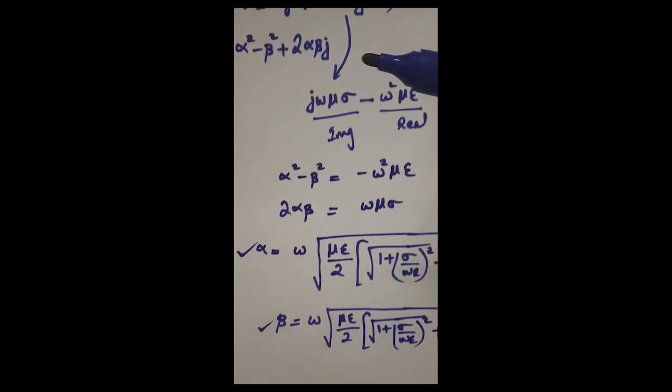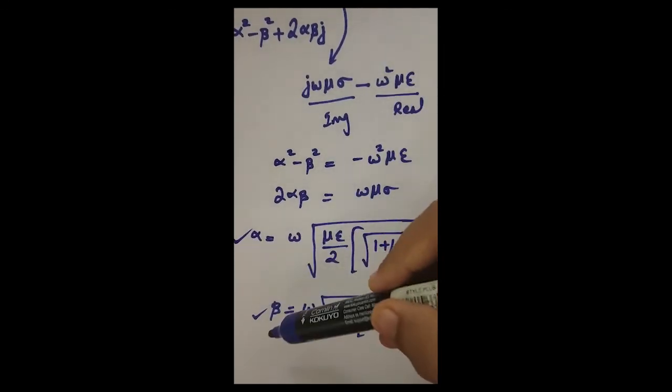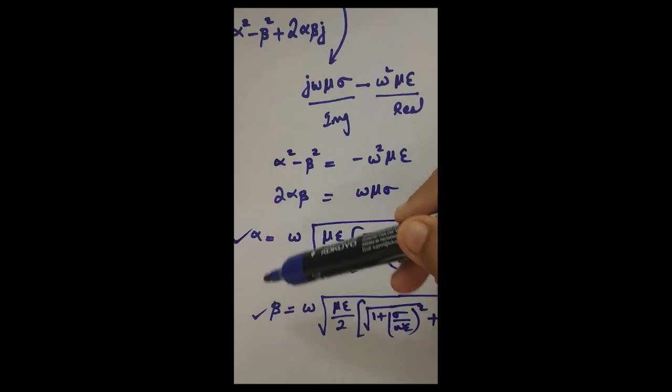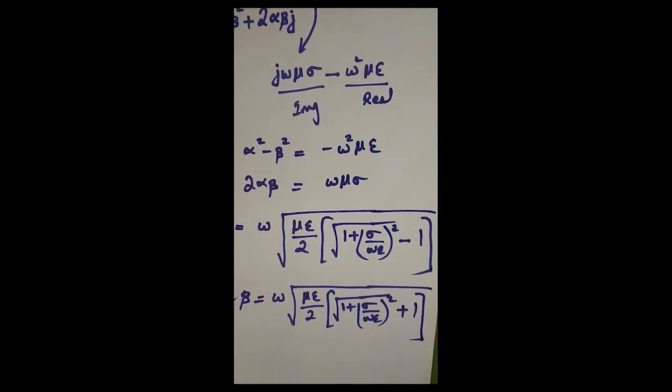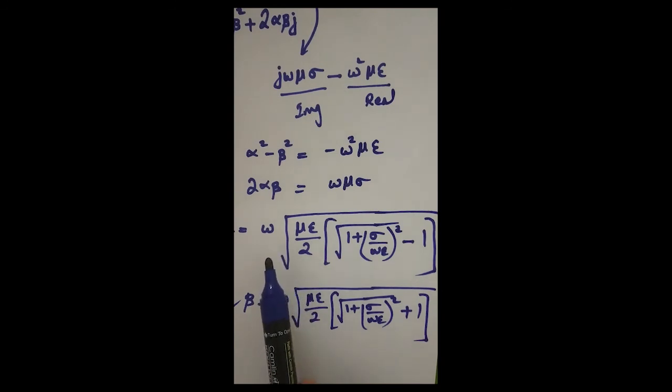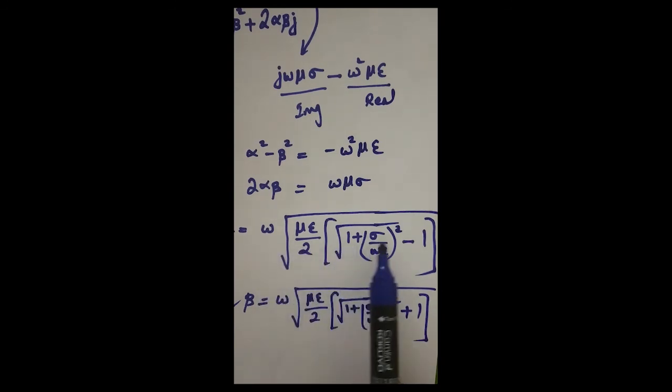On solving, you get the values for alpha and beta: omega square root of mu epsilon by 2 into square root of 1 plus sigma by omega epsilon the whole square, minus or plus 1. Minus 1 in the case of alpha, plus 1 in the case of beta.